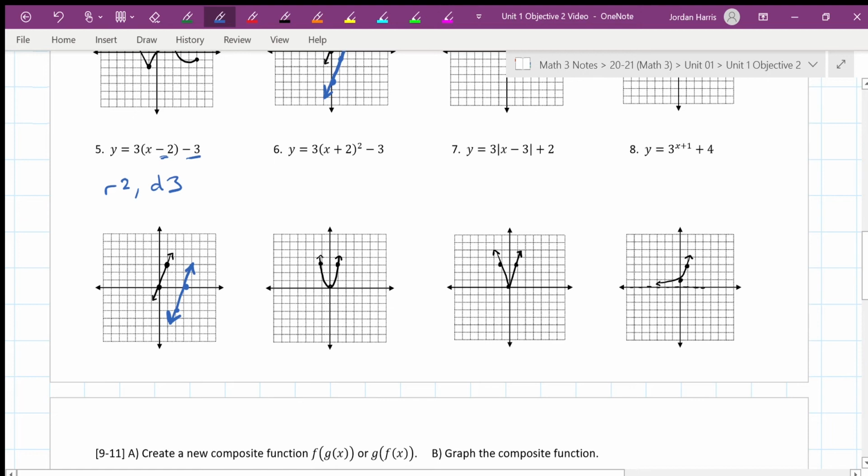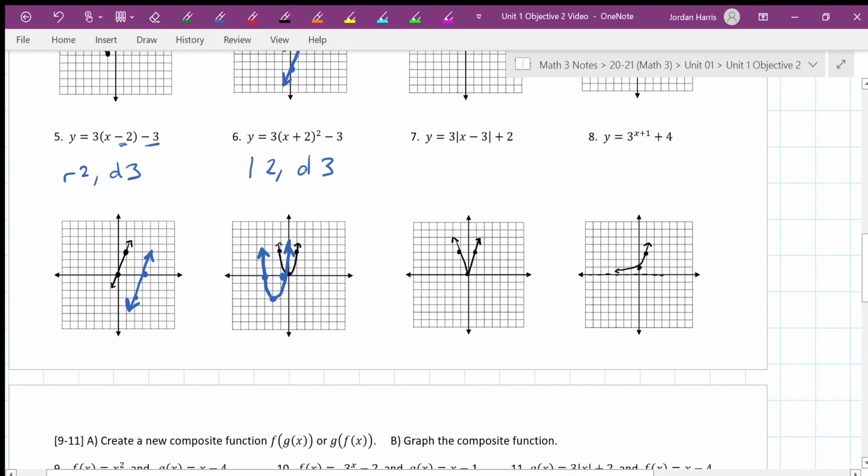That's kind of what we're going to do to our, so this is left 2, down 3 now. So when we talk about our key points, this is what we're doing to each key point when we have translations, the pluses and the minuses.